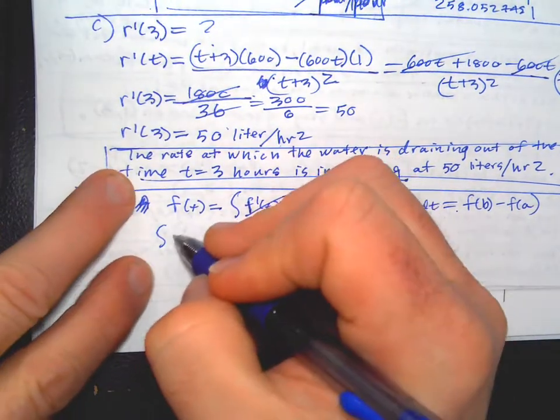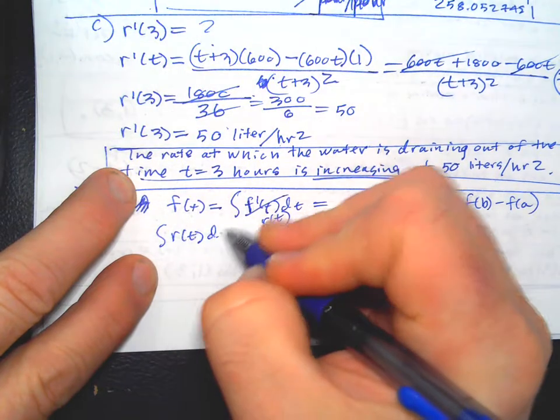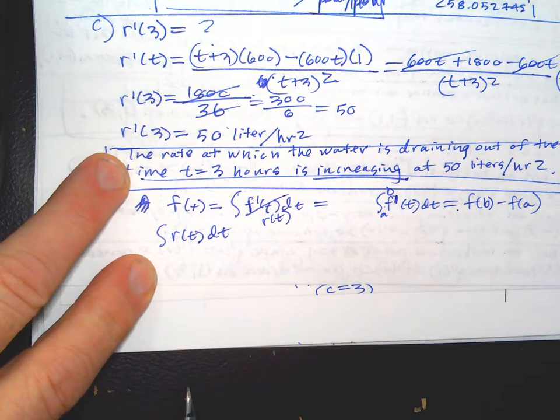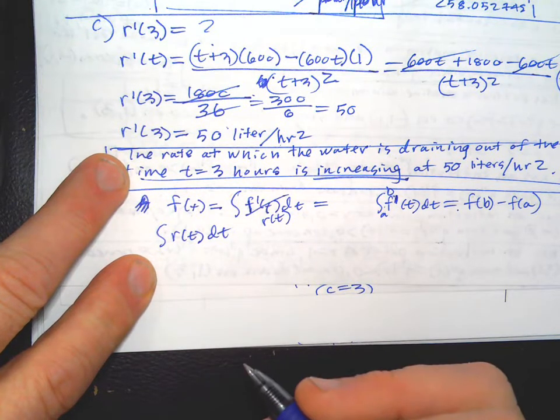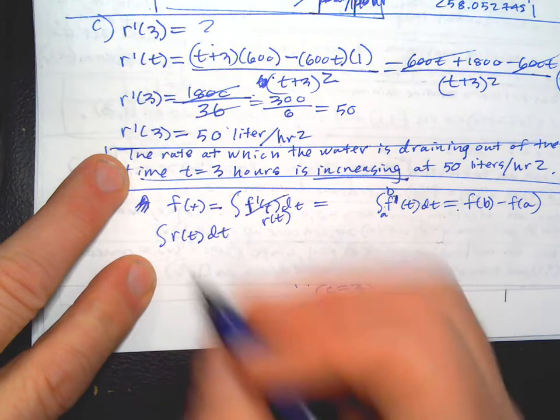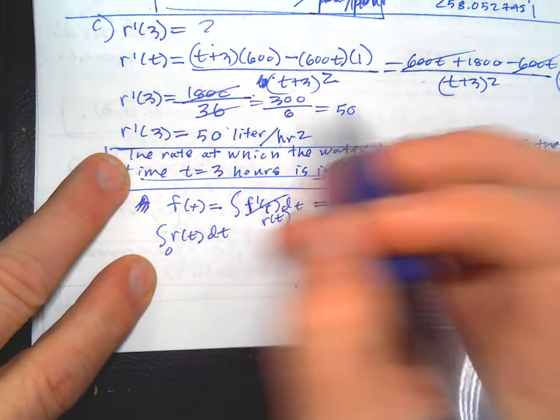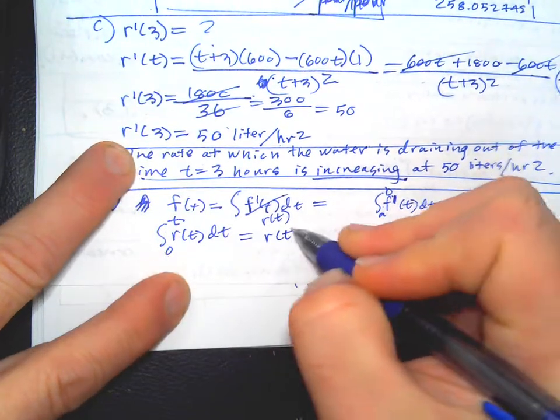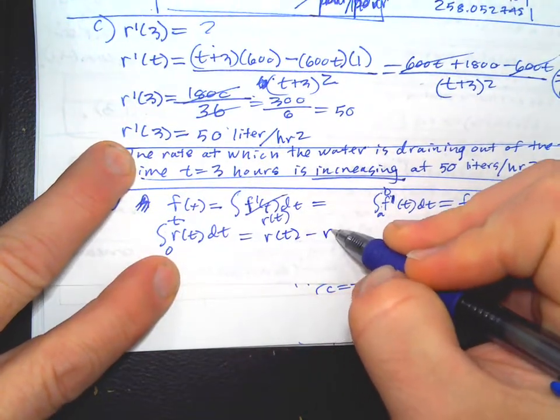So here, if we integrate r prime, which is the derivative of f, starting at time 0, where we know something, to some time t, we get r(t) minus r(0).